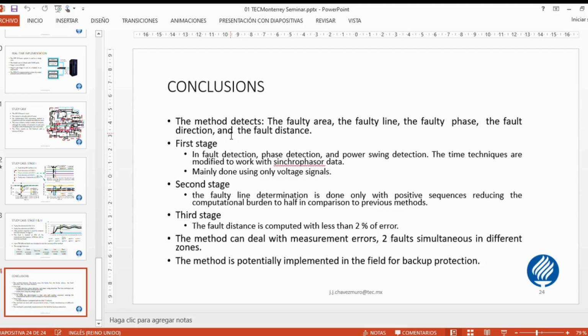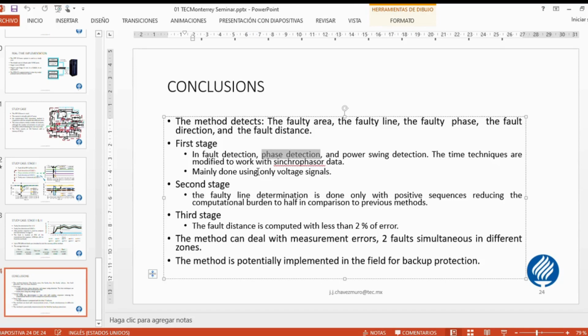So as a conclusion, the methodology does the total identification of the fault by stage. In the first stage, it does fault detection, fault direction, and faulty phase detection.